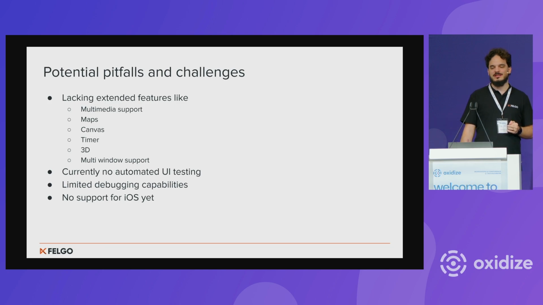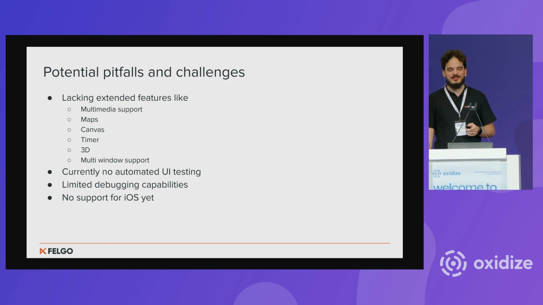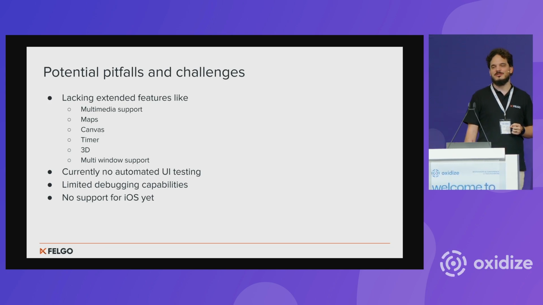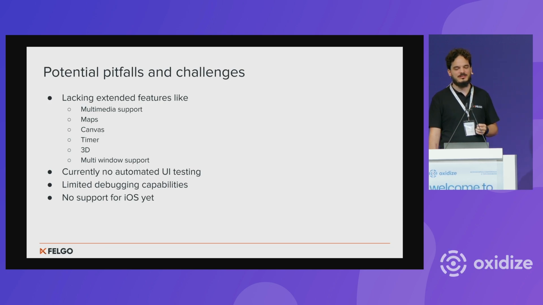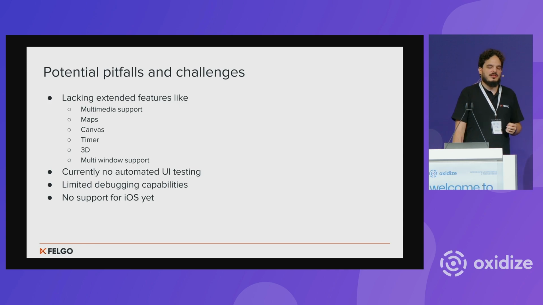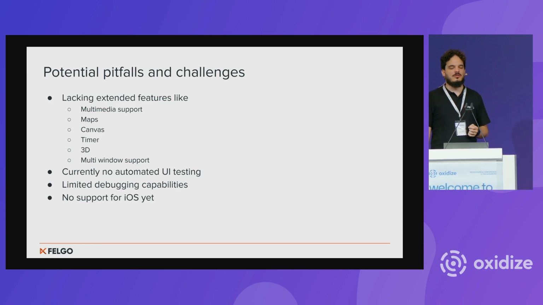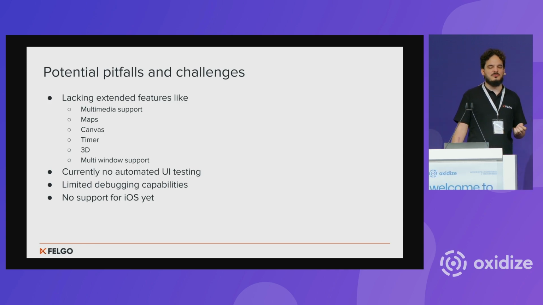And you currently have no automated UI testing, but from some discussions I had with the Slint guys, I heard that they are working on some UI testing. So it will not be long until we have UI testing with Slint as well. And debugging capabilities are also limited. And you don't have support for iOS yet.